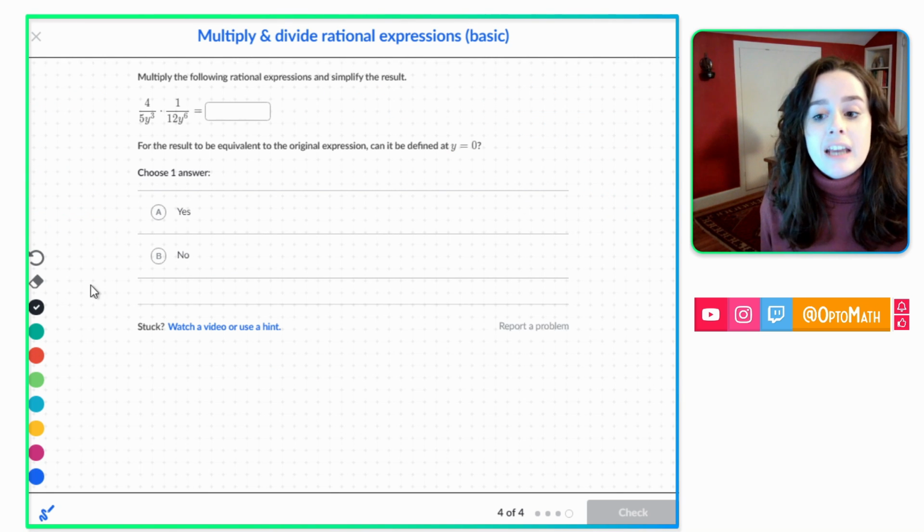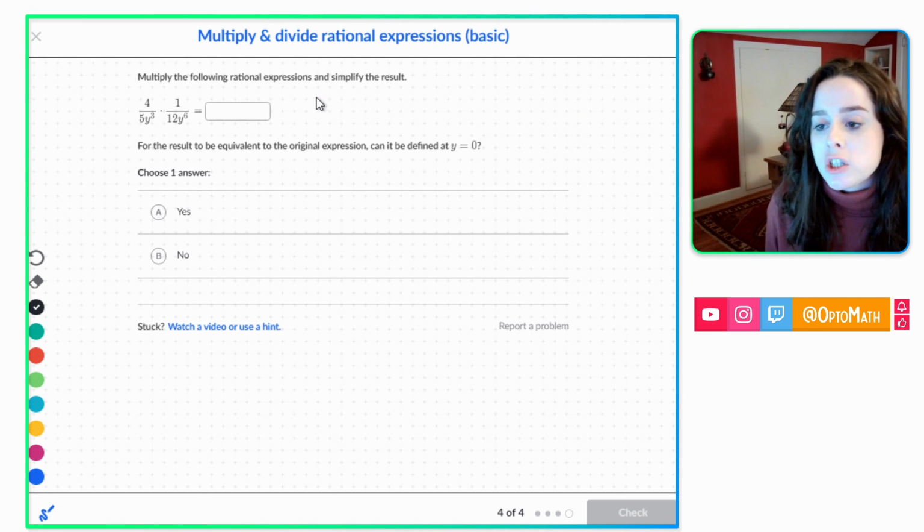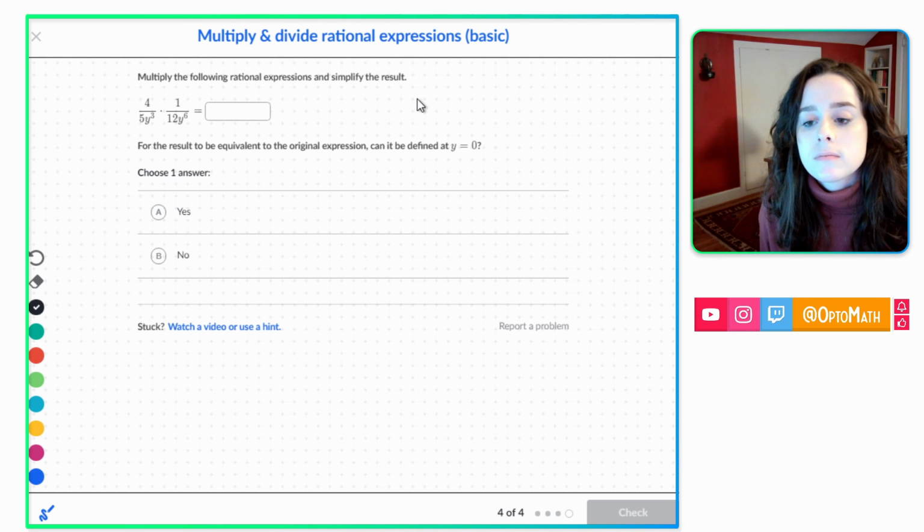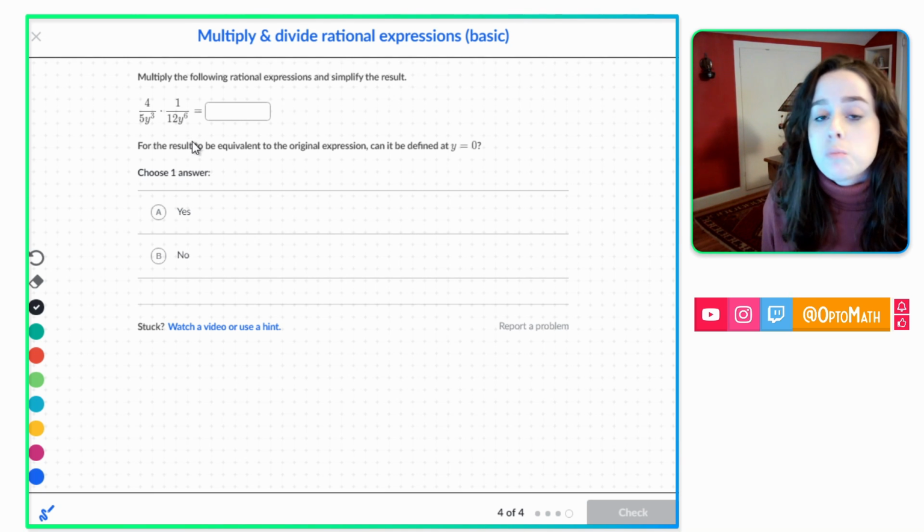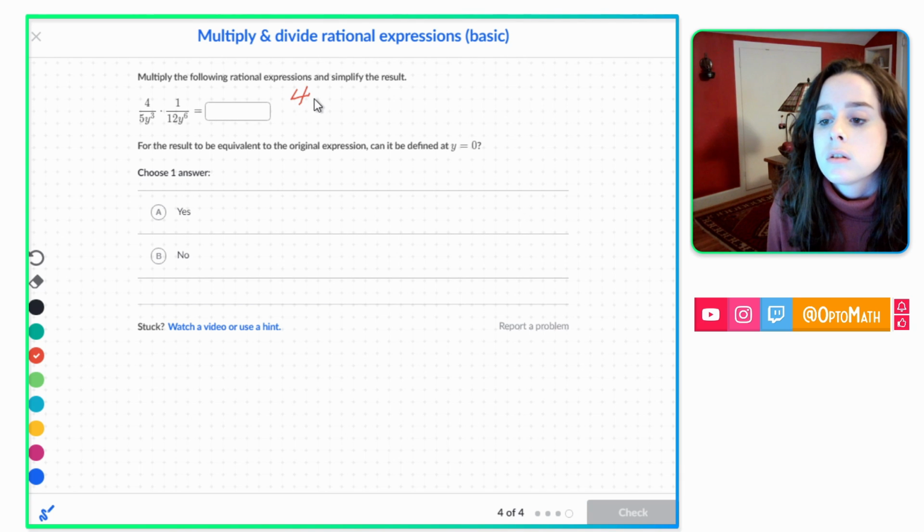Here we have a multiplication one. Multiply the following rational expressions and simplify the result. Okay, so we just multiply our numerators and multiply our denominators. We get 4 times 1 divided by 5y cubed times 12y to the 6th.